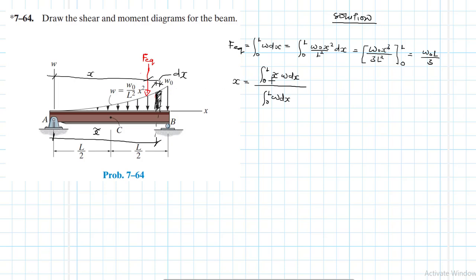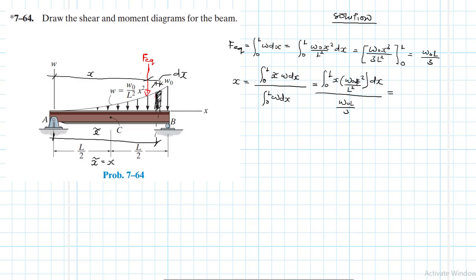Since x tilde is just equal to x, x bar is equal to the integral from 0 to L of x times w naught x squared divided by L squared dx, divided by the equivalent force, which we already found is w naught L over 3.